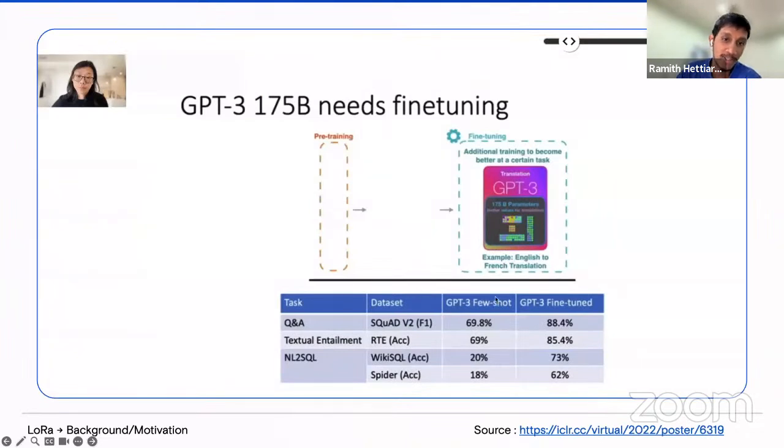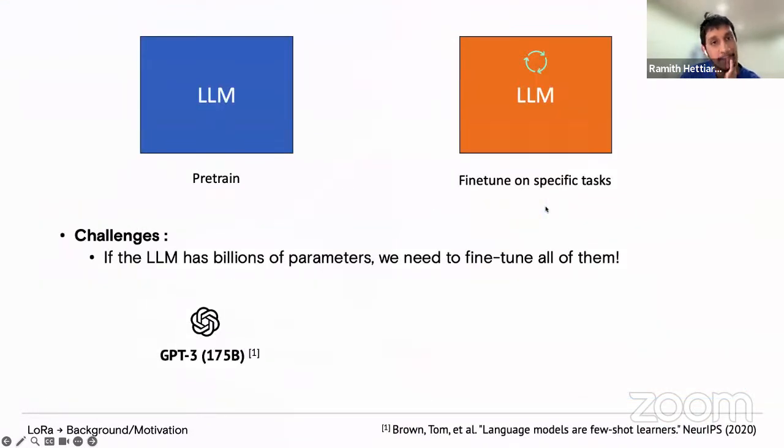Even though they seem general, they are fine tuned to obtain better performance. Like the authors mention, if we take the GPT-3 few shot performance, which is the general model, the performance increases when we fine tune on those particular tasks. However, the problem is that fine tuning for a specific task becomes very compute intensive.